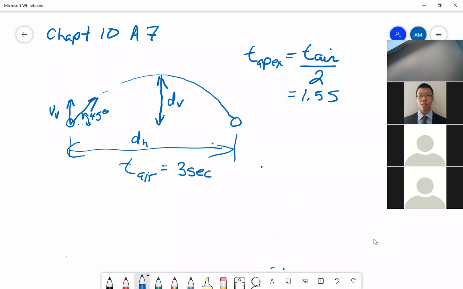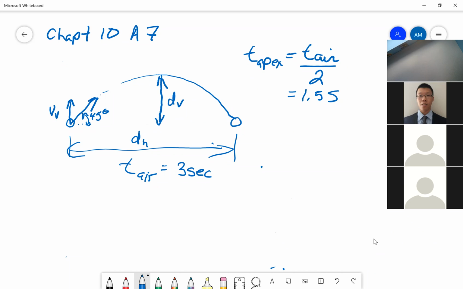And we want to know the distance. So we know the time. We can figure out V1, right? If you look at 1A, we can do this in multiple ways, but let's just start with 1A.